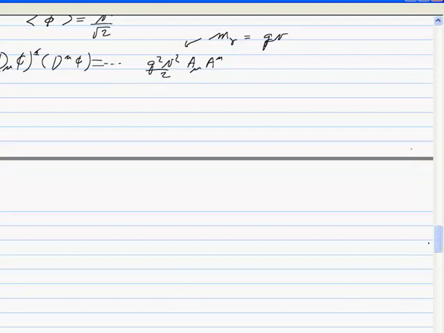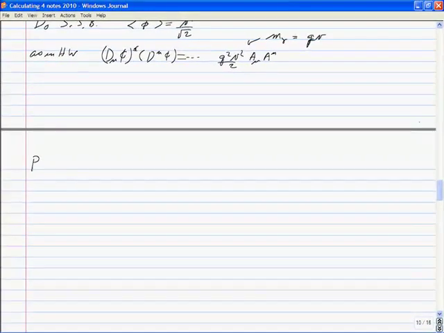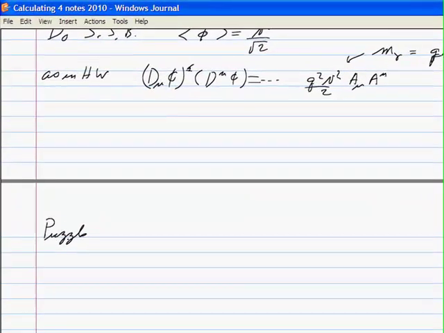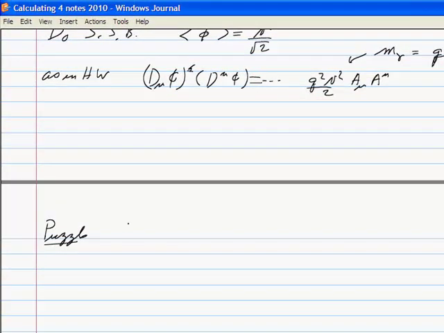Okay. There is a puzzle here, though. It's a classic puzzle. We started out with a massless photon and two phis, phi 1, phi 2.